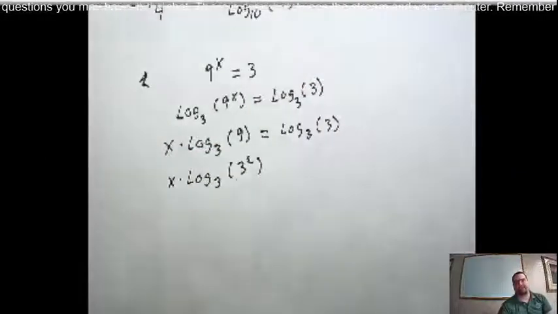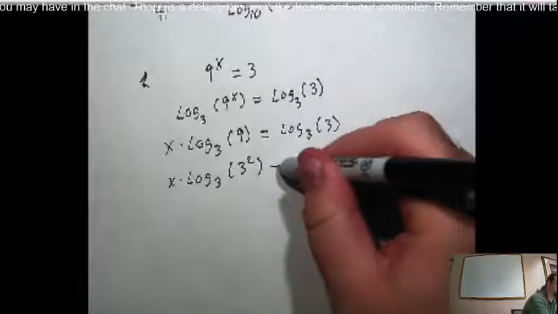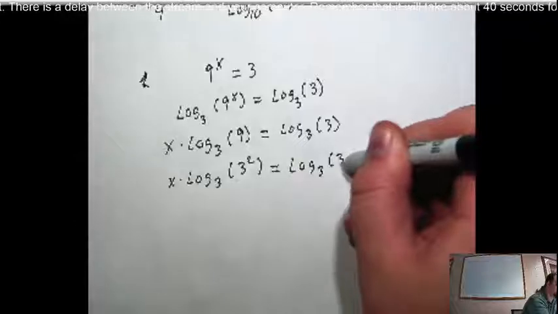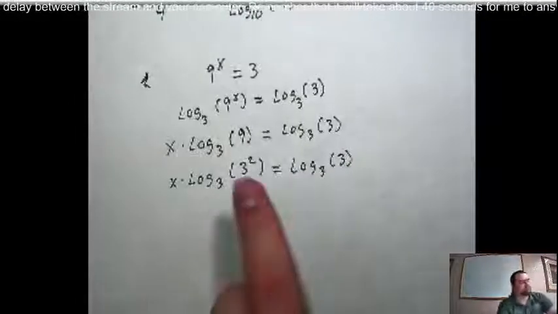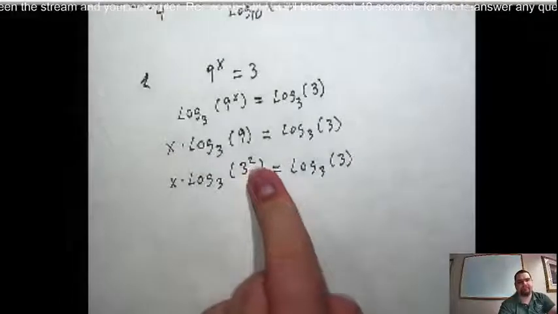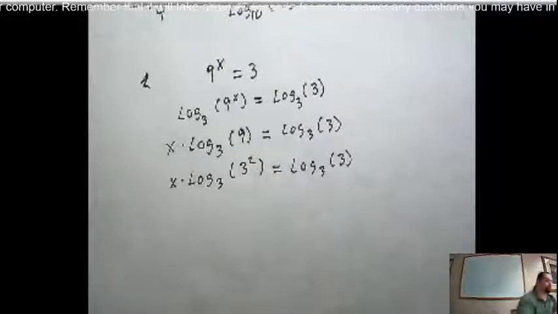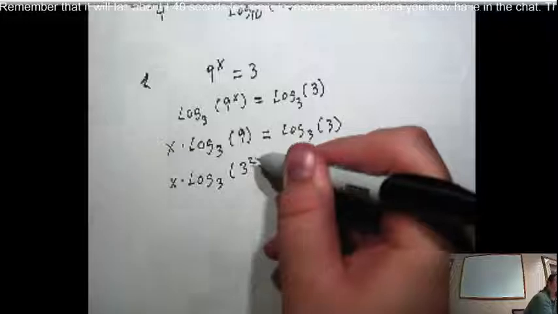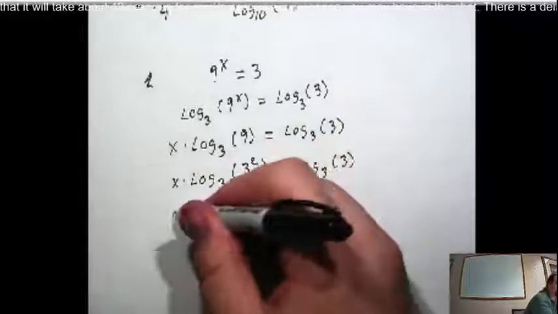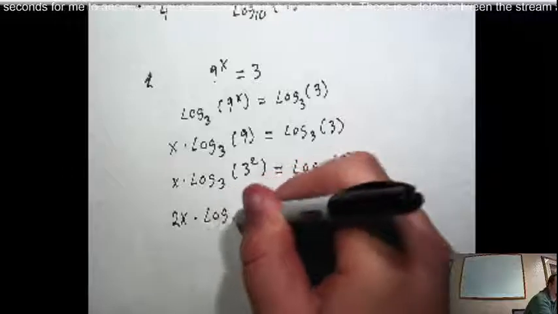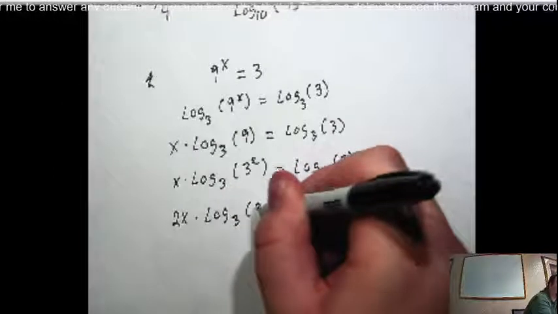I've got my power rule happening again. Again, if I have a power here, then what I can do is I can take it and put it out in front. So now, let's see, x times 2, that's 2x, times the log base 3 of 3.